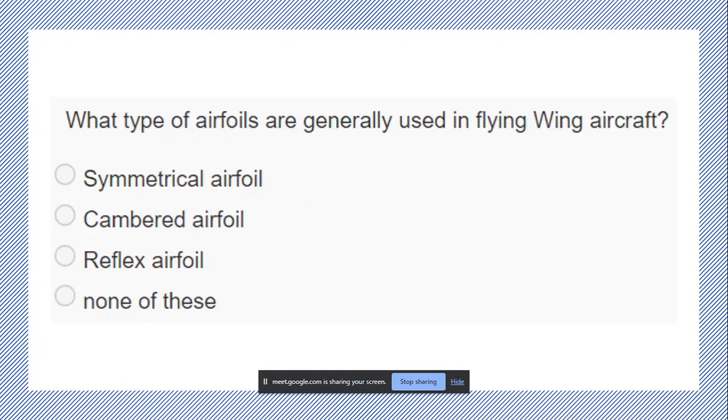Okay. What type of airfoils are generally used in flying wing aircraft? Are they symmetrical, cambered, reflexed, or none of them? Just flying wing aircraft. Yes. Okay, and can you tell me why? Just pay careful attention to the words. It is a flying wing aircraft.